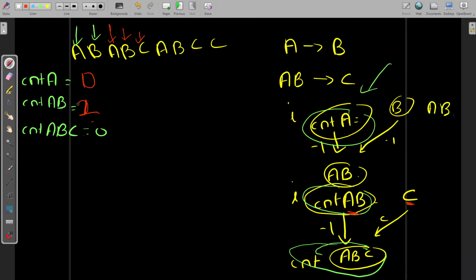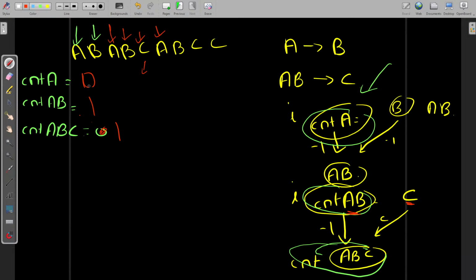We have 2. So what we can do is take one pair from AB and take this C and pair all of them together. So this 2 would go down to 1 and this 0 would also go to 1. Now we have one pair of ABC, one AB, and count A is 0.